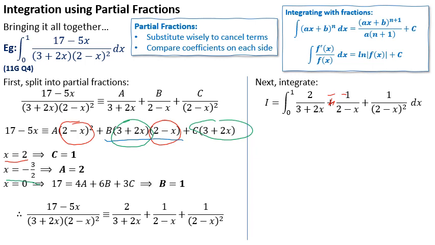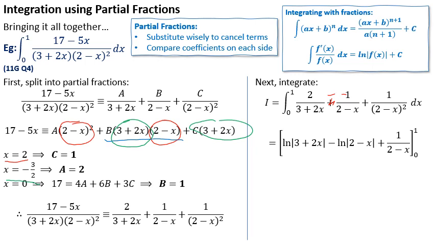For the last of the terms, it's not one of the log rules at all. It's the one above. You can think of it as 2 minus x to the power of minus 2. So we should get something like this. ln of 3 add 2x, because the top is exactly the derivative of the bottom. We get minus ln of 2 minus x, because the top is the derivative of the bottom provided we change the sign.